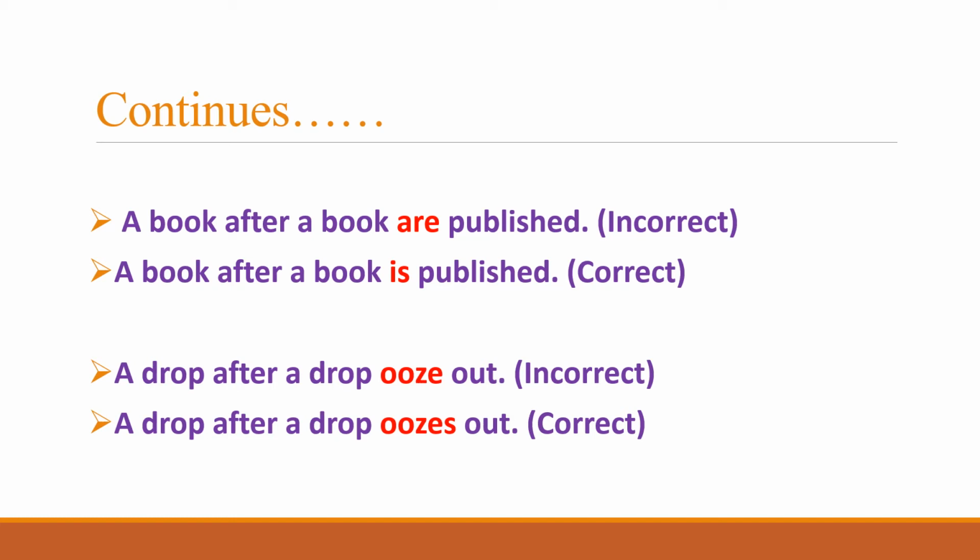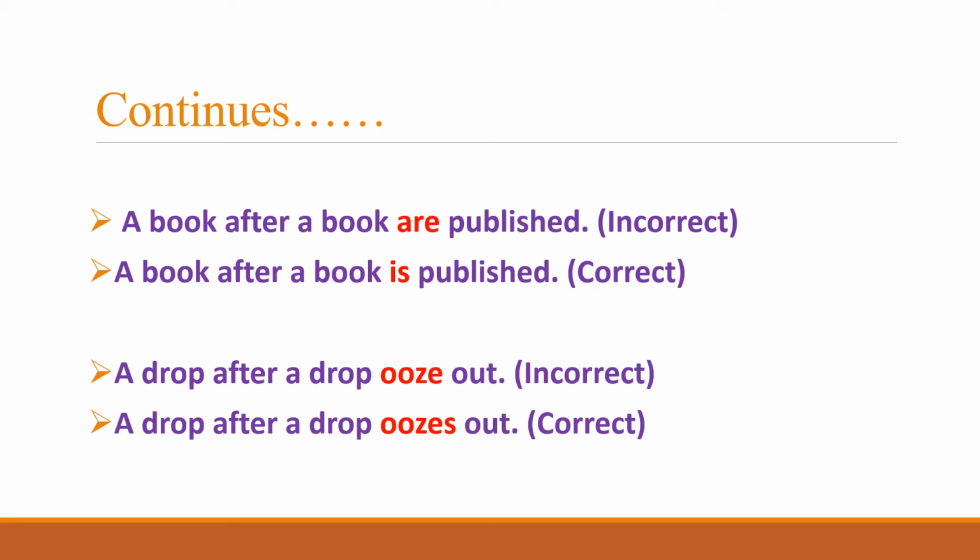Why? Because the noun plus preposition plus the same noun construction does not allow the use of plural verbs after it. Putting plural verbs after them is an incorrect way of expression in English. So the correct expression is: a book after a book is published.